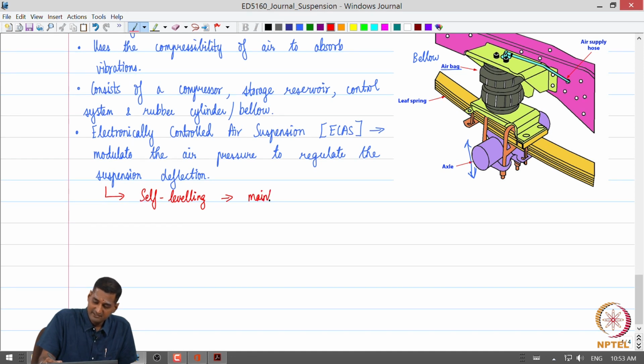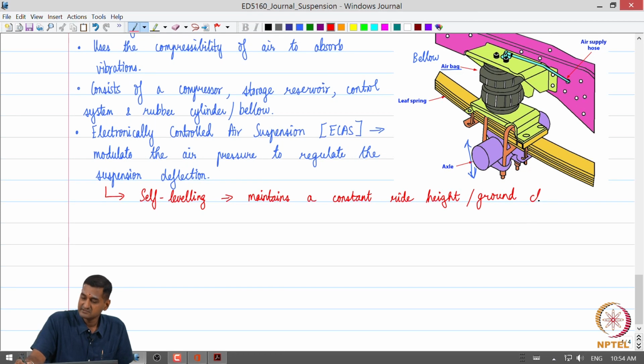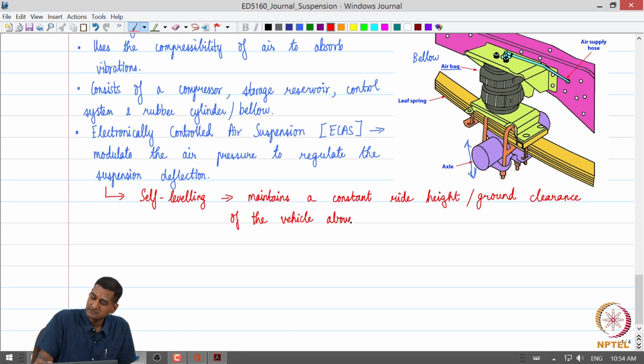Okay. Self leveling essentially implies that an almost constant ride height or ground clearance of the vehicle above the road is maintained, even with changes in load.